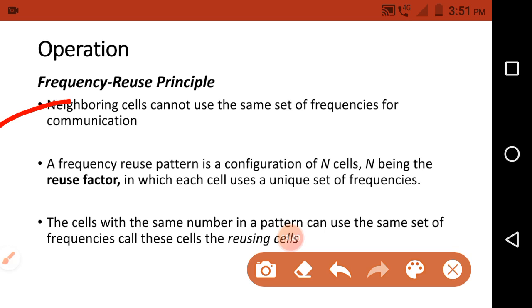But there are only limited frequency values, so you must reuse the set of frequencies.